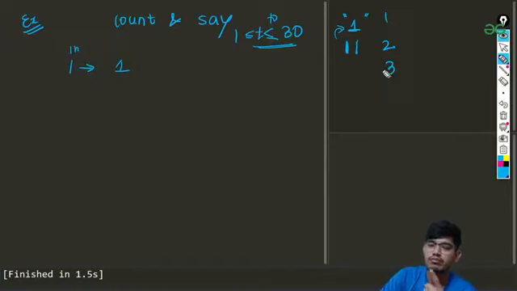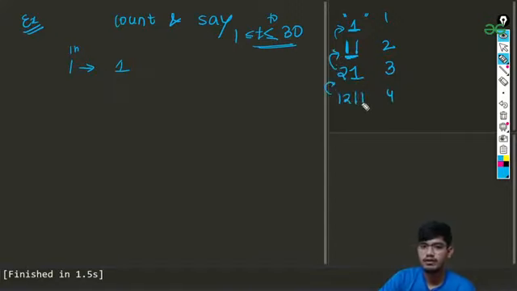Now when the input is 3, we'll be writing first how many occurrences there were. In this there will be 2, and what were the 2 occurrences of, it will be 2 1. So for this it will be 2 1 only. When the input is 4, you will be writing something like 1 2 and 1 1.